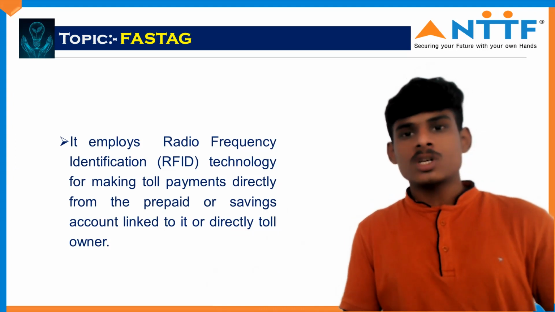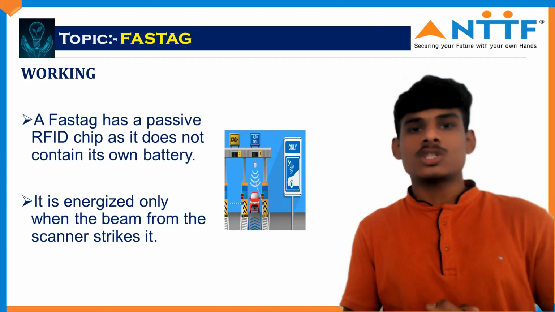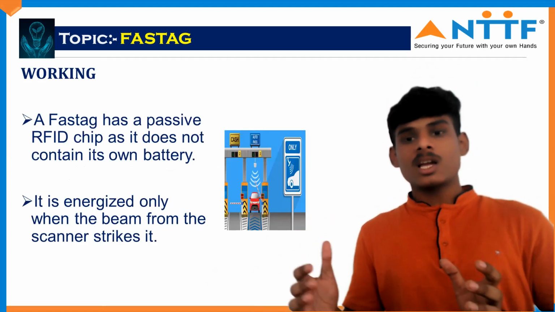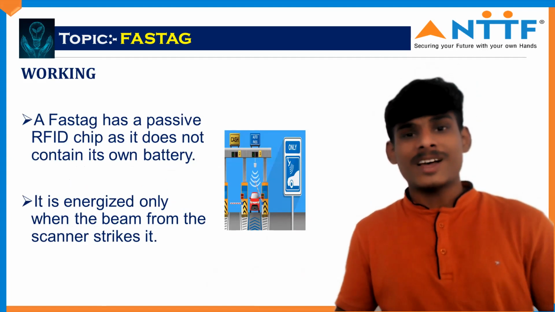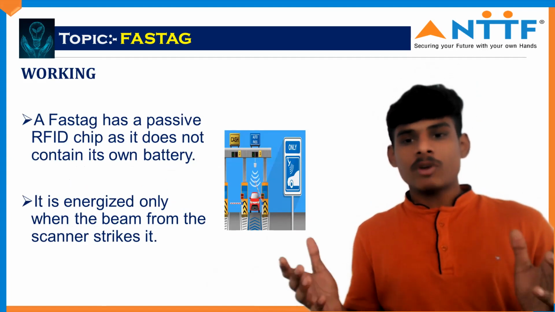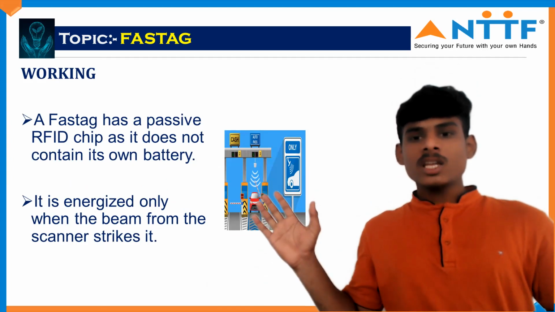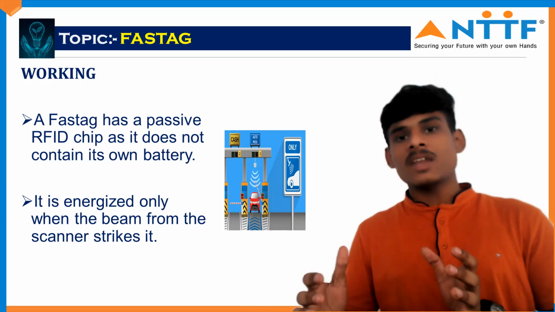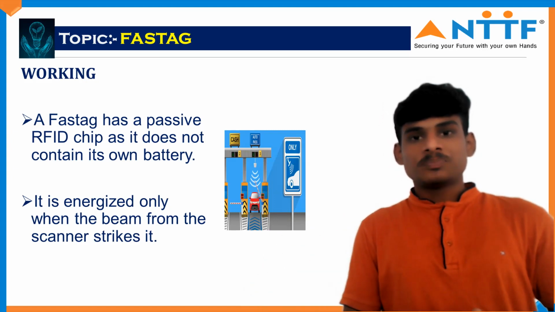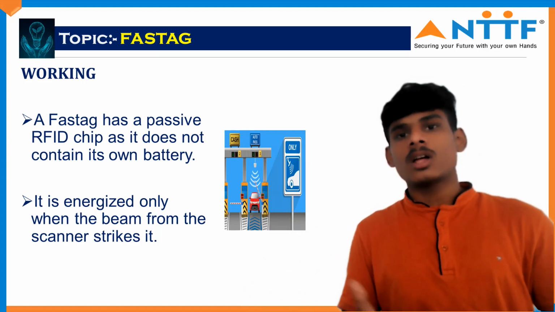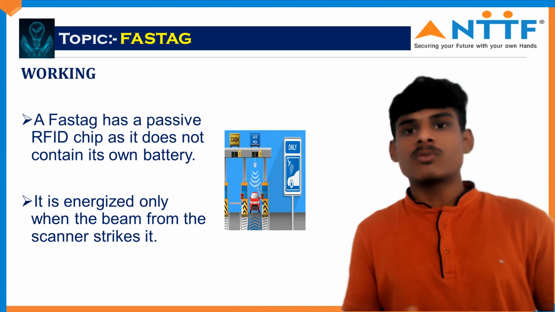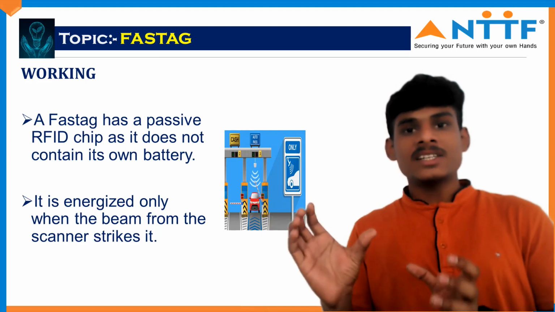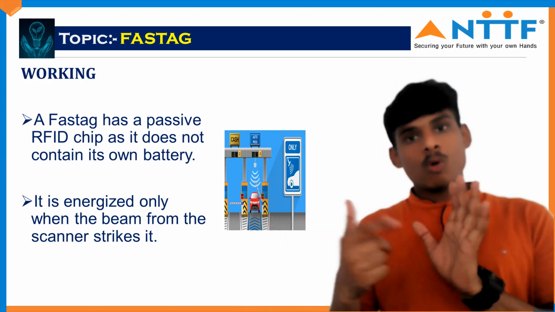After that, we are going to discuss the working of the FASTag technology. In the working, we are going to mainly discuss which main components are used in this FASTag technology and how it works. As I told you, it consists of a passive RFID card, which is batteryless. So if it is batteryless, how does it work or how is it charged? As I told you, the RFID card consists of one copper wire.